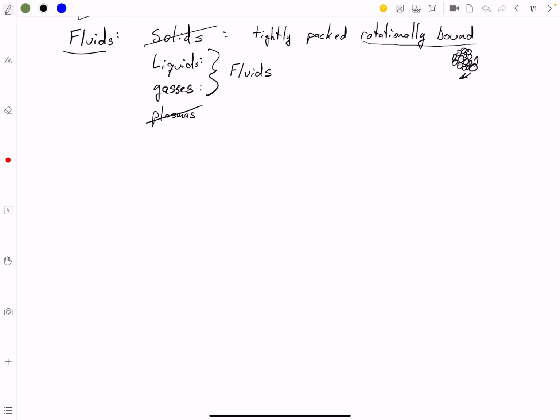Liquids, however, and gases are, whether they're tightly packed or not, rotationally free.